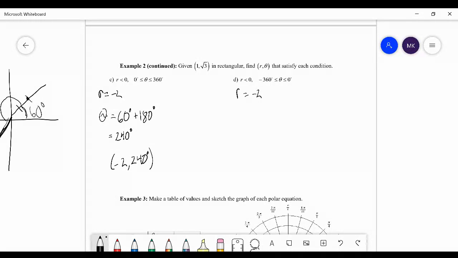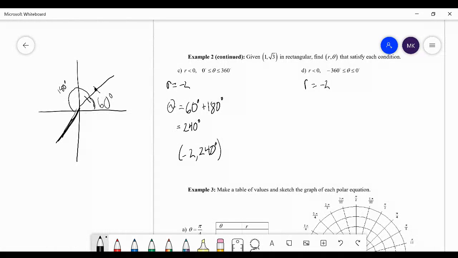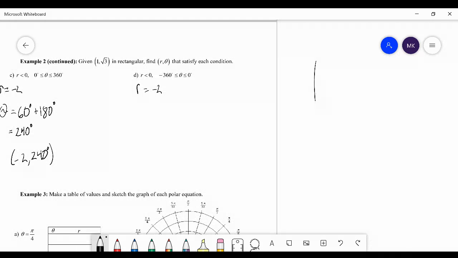Now, again, we want it to be negative, so I'll draw another picture. We had our negative 300 degrees to get to this point here, but we still want the negative value.